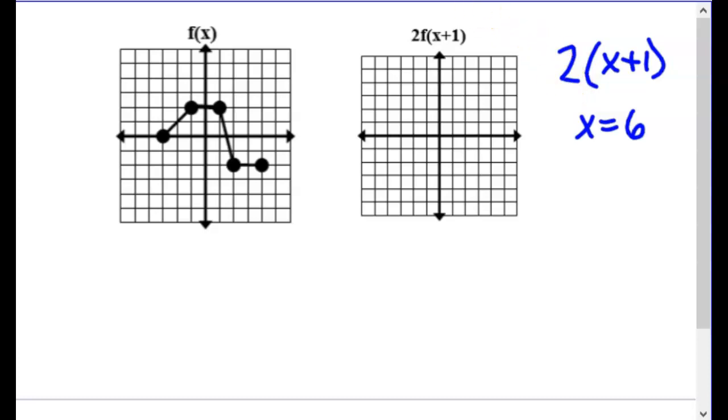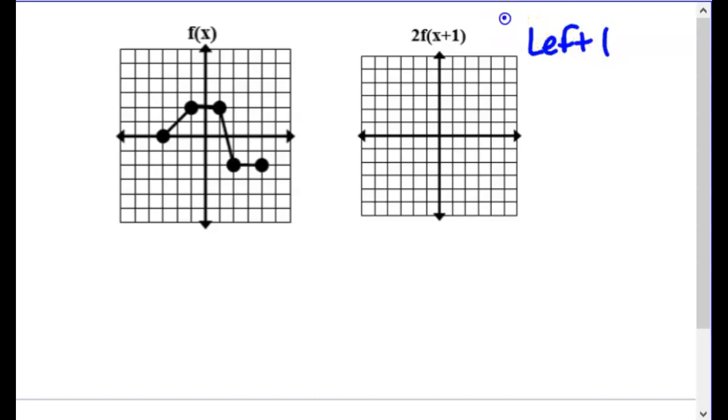So that's the order you have to tell me. Add the 1. Well, adding 1 in a function actually shifts it what? Left 1. Horizontal shift left 1. And then the 2 is going to do what? A vertical stretch by 2.